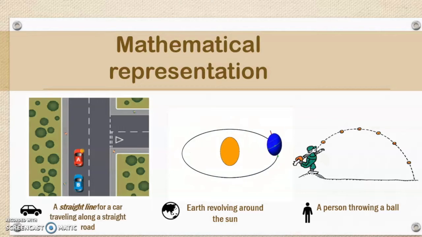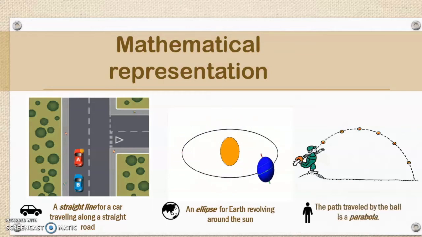A straight line for a car traveling along a straight road. An ellipse for earth revolving around the sun. And the path traveled by the ball is a parabola.